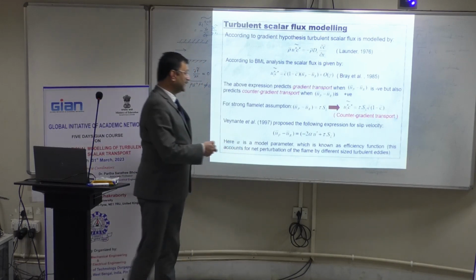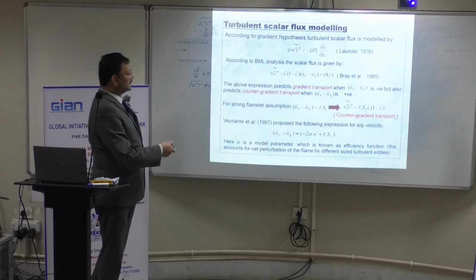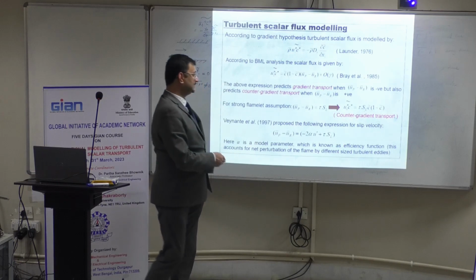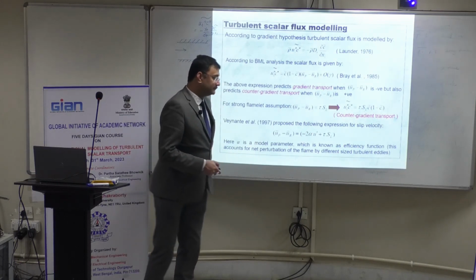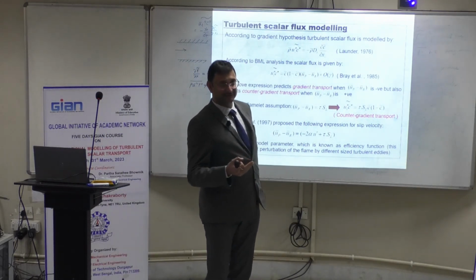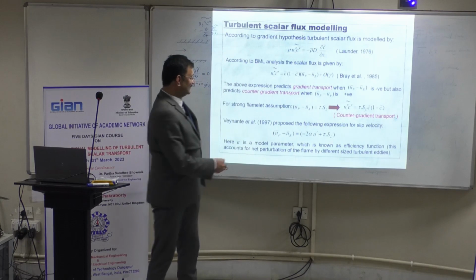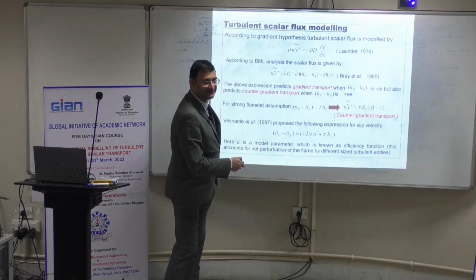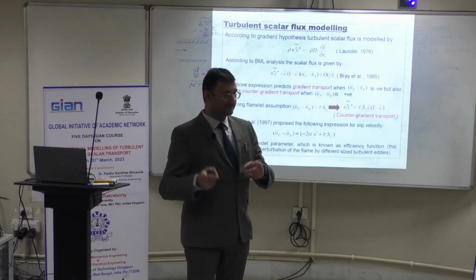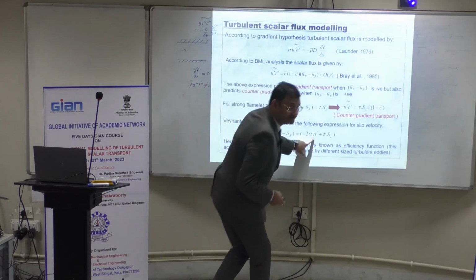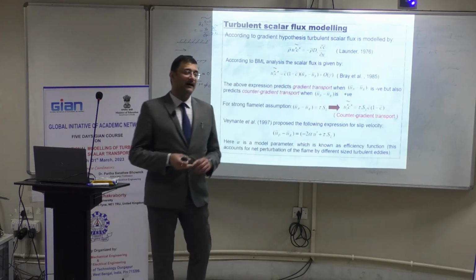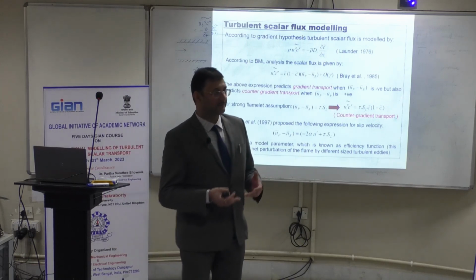More or less whatever I mentioned, that is summarized here. Generally, this slip velocity nowadays is modeled by this. The logic should be clear by now, because I already told it's a competition between tau SL, that's the velocity jump because of the thermal expansion as a result of chemical heat release, and this one. 2 alpha is a modeling parameter of the order of unity.